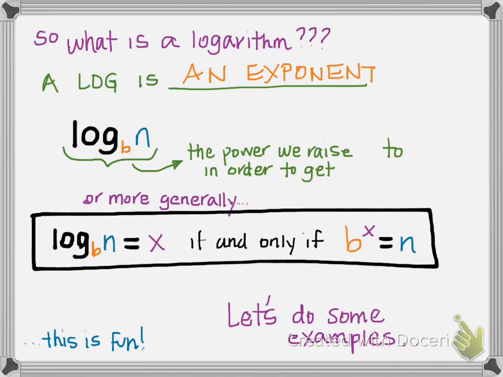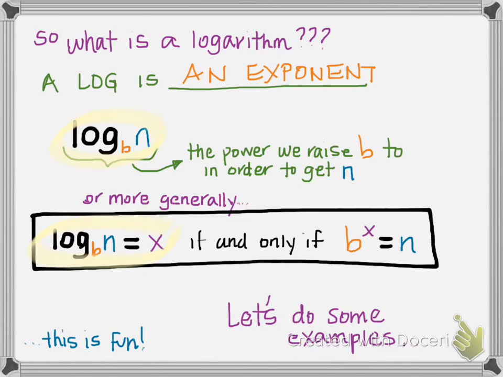So when you see something like this, log base b of n, and I'm using more general letters in there, that should be read in your mind as the power that we raise b to in order to get n. More generally, if we use letters in all the spots, we might have a statement that looks like this: log base b of n equals x.